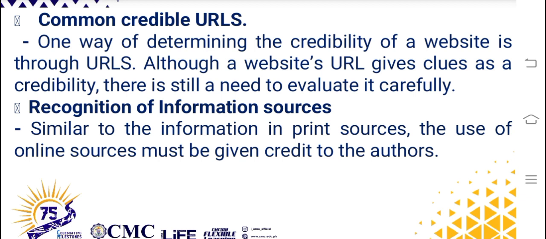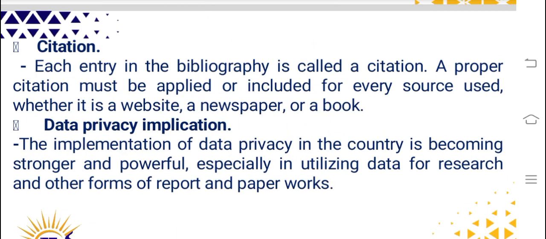This can be done by applying proper referencing and citation procedures that would get rid of legal consequences and implications because of copyright issues, which means that the ideas or words used belong to the author. Citation. Each entry in a bibliography is called a citation.